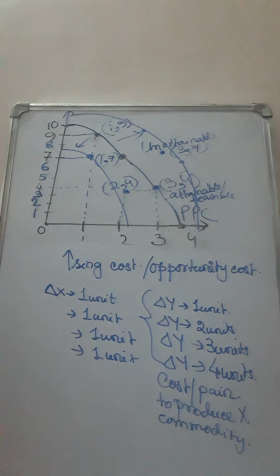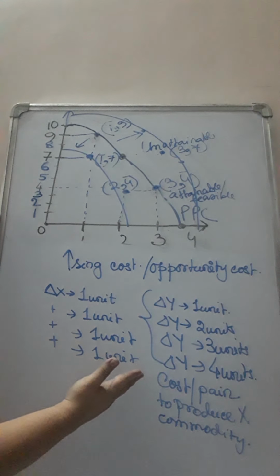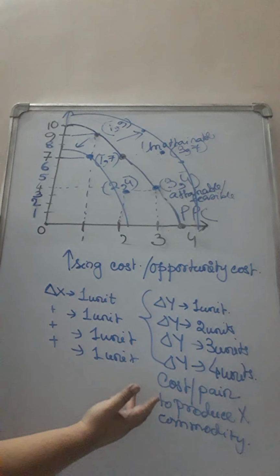So the change in Y, how much am I sacrificing? Every time I increase X by 1, I am making an incremental rise of X production by 1 unit by taking labor out of Y production, for which the Y production is falling, and that is known as the sacrifice or the pain or the cost.